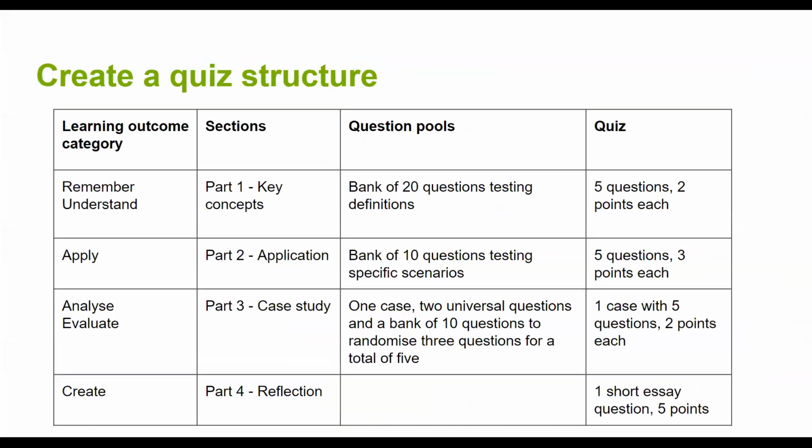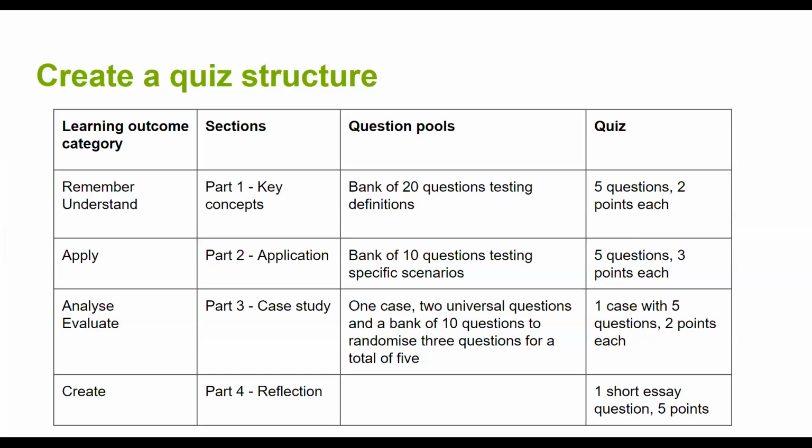Thank you. So the next step we suggest is to create a structure for your quiz. This is encouraged because it ensures that your quizzes include a variety of questions in each level of learning, in each of these categories. So this is an example that shows a quiz with 4 parts, and these 4 parts cover the categories of learning outcomes.